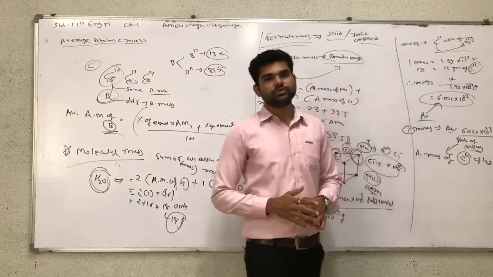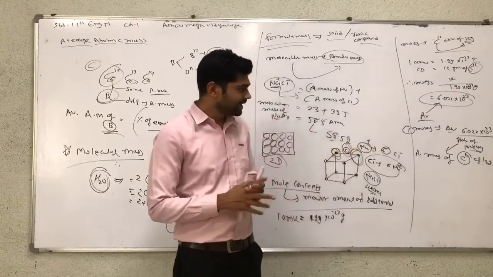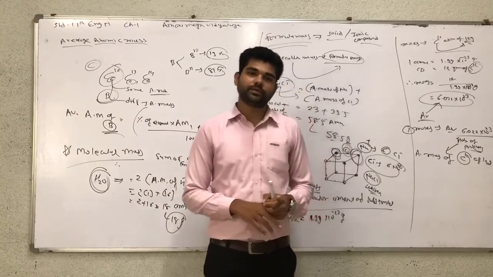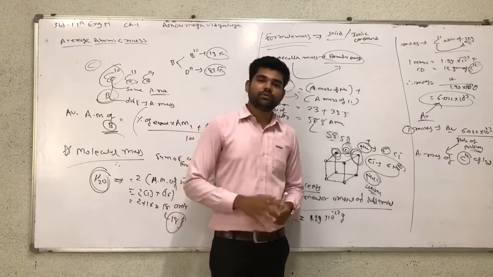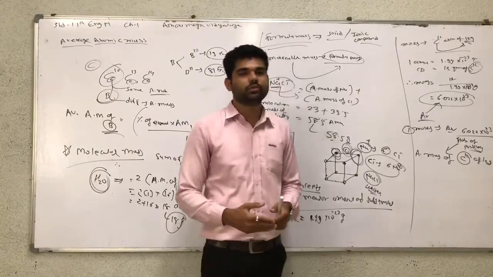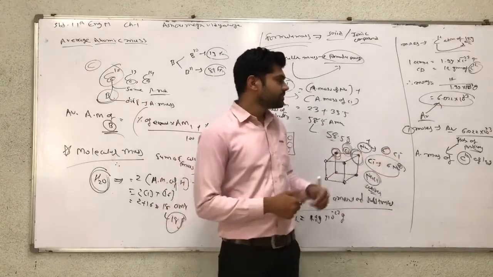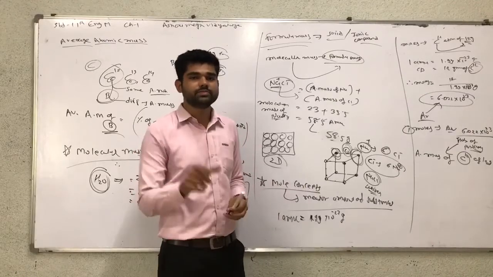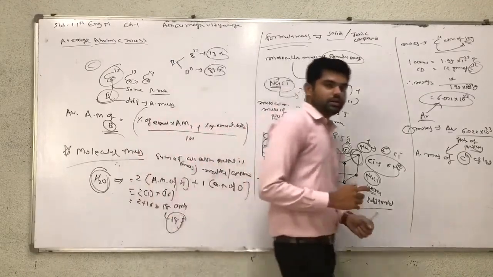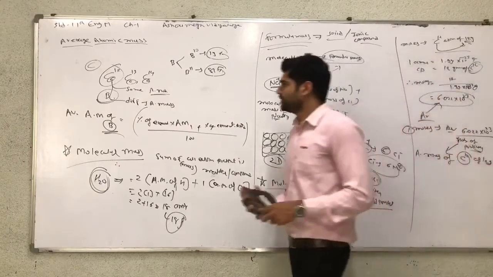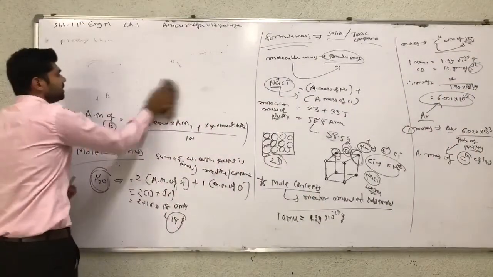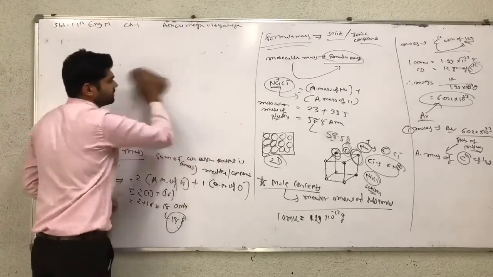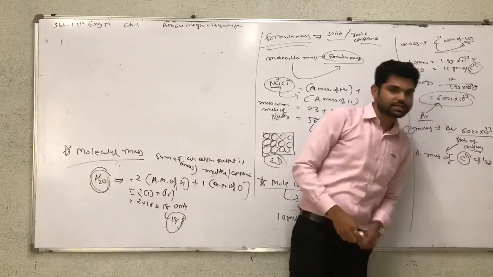So first you take 12 grams of carbon atoms, it means you can also say 1 mole of carbon and also say 6.02 into 10 raised to 23 particles. This means the relation between moles, atomic and molecular mass, and Avogadro number. So remember and derive this relation.